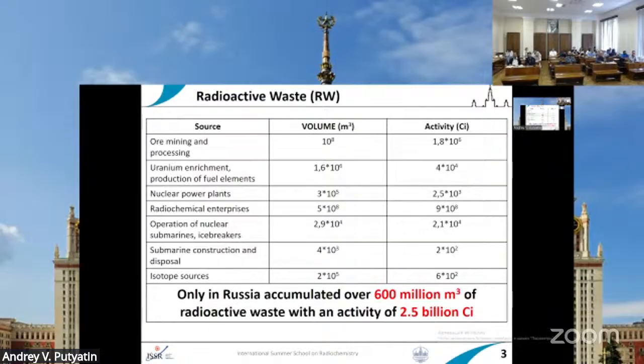There is radioactive waste from the nuclear fuel cycle, like uranium production, nuclear power plants, and some radiochemical plants, and non-nuclear fuel cycle wastes like nuclear submarines, some isotope sources from medical or industrial application, and some small part not even listed here from research operations.